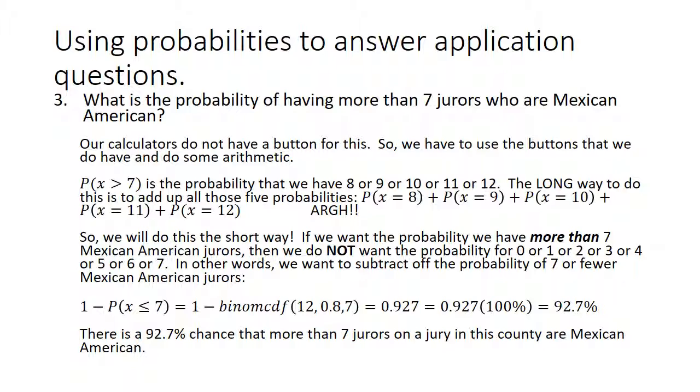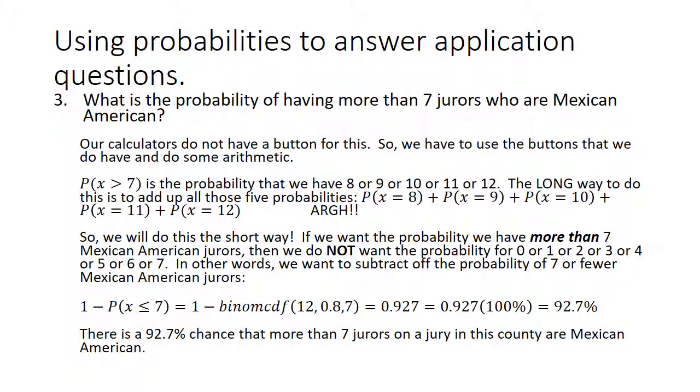So we are going to subtract that from 1. Remember, 1 is everything. If we only want 8, 9, 10, 11, 12, then we subtract away 0, 1, 2, 3, 4, 5, 6, and 7. 1 minus the probability that x is less than or equal to 7, which is 1 minus that binomial CDF, that cumulative distribution function, the 7 or fewer.